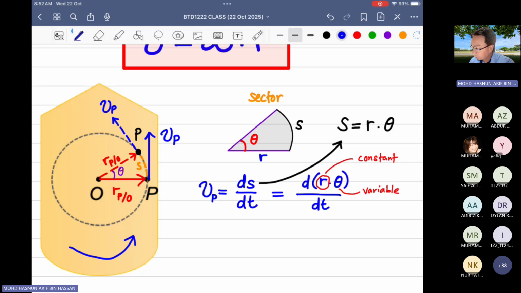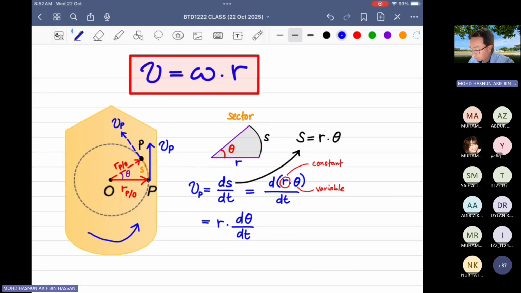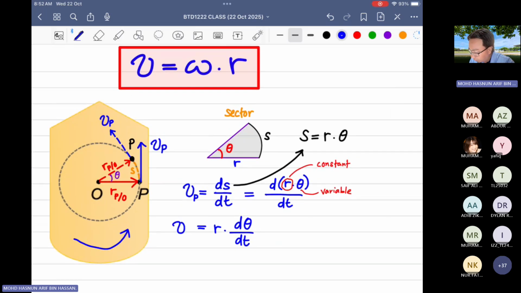So what do we get from here? VP is equal to R times d theta over dt. Now we have the equation VP equals R times d theta over dt.